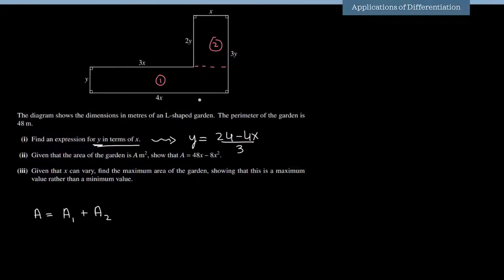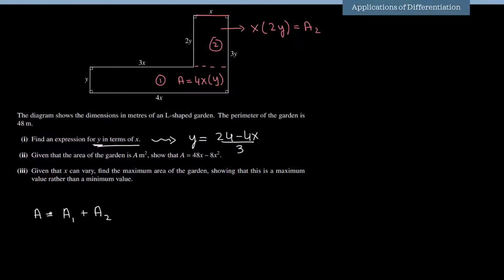The first part is a rectangle and its area would be equal to 4x times y. And the area of the second shape would be the length is x and the height is 2y. So x times 2y. This would be the area of the second shape.